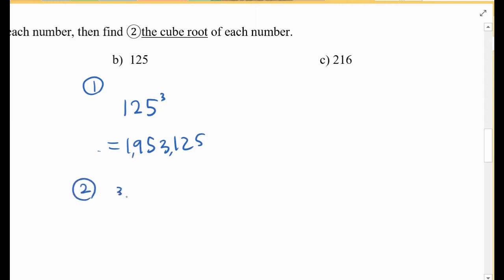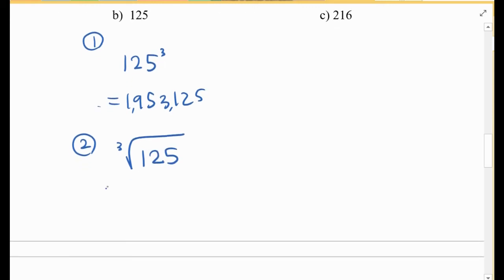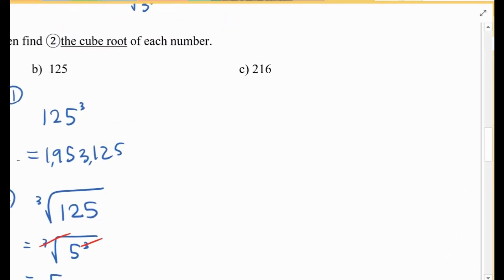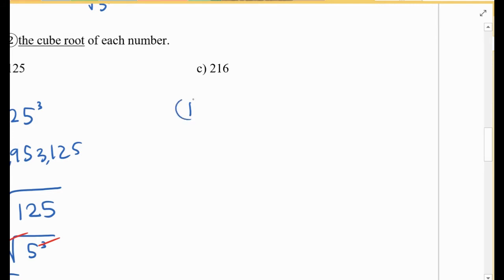And cube root of 125. Okay, everyone, 125 is the same as 5 cubed. So let's cancel. The answer is 5. C, letter C.